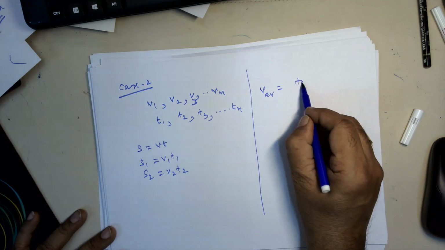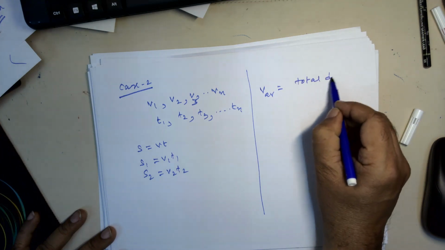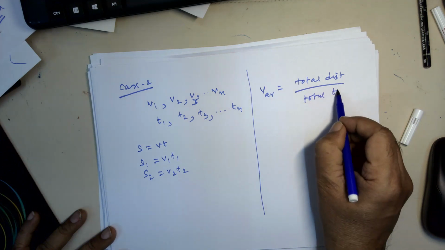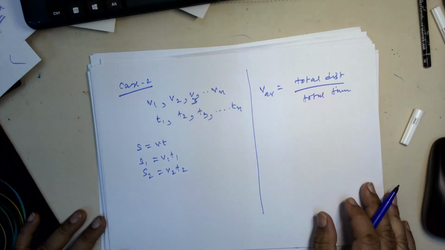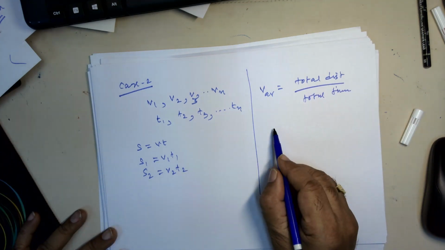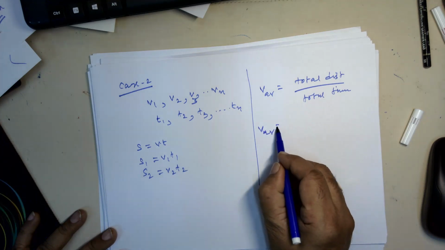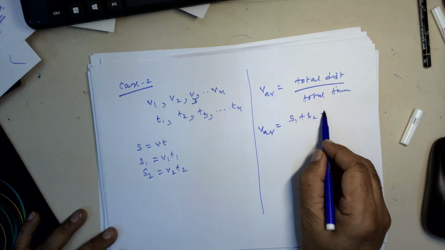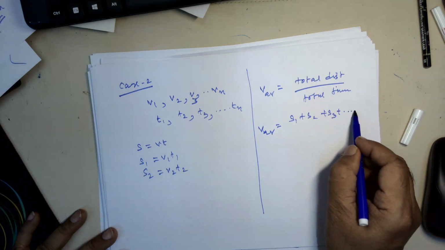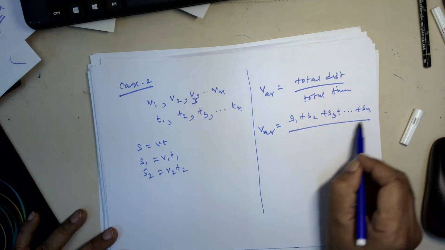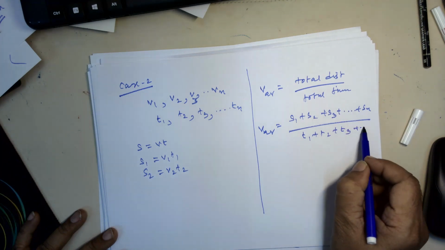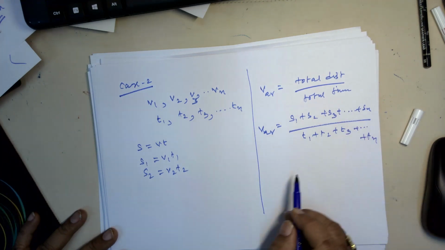Total distance traveled divided by total time, right? So V average is equal to total distance, that is S1 plus S2 plus S3 and so on plus Sn, whole divided by T1 plus T2 plus T3 and so on plus Tn, right?